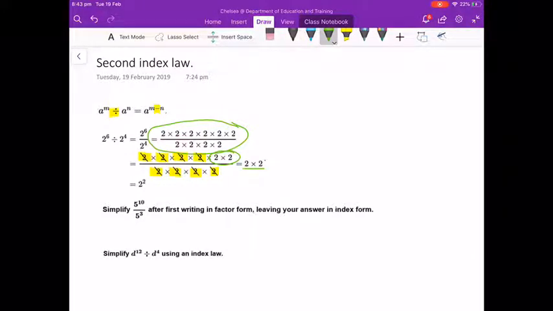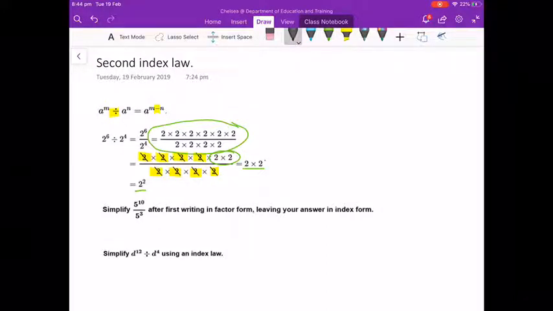And we know that 2 times 2 is 2 squared. So that's how the second index law works when you are dividing by a problem that has the same base and different indices. I'm going to show you how to do this using some other examples from the textbook.